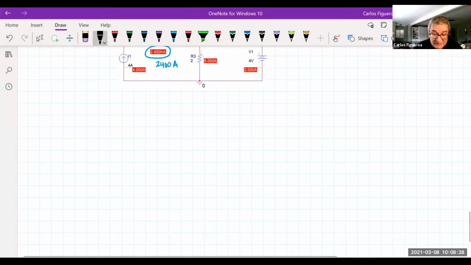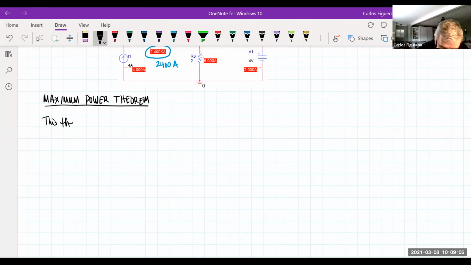Okay, let's go to the last topic of this chapter, and we want to talk about the maximum power theorem. The maximum power transfer theorem essentially tells us the maximum amount of power that can be delivered to an element.